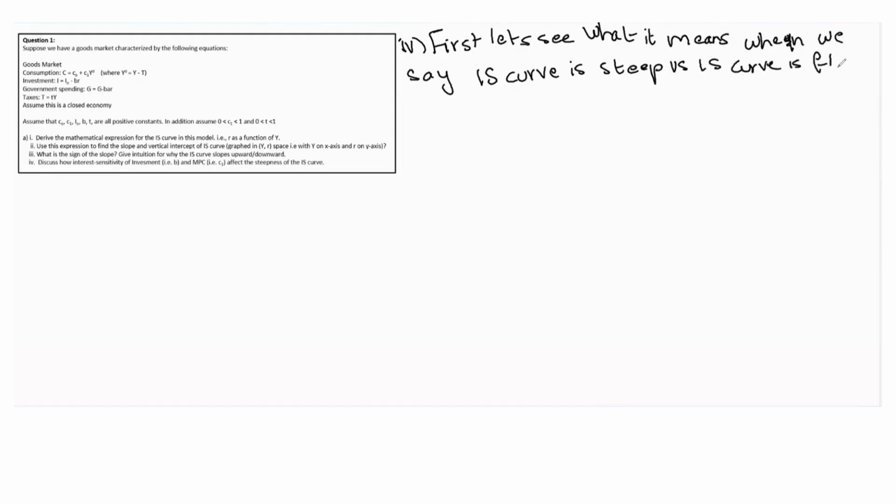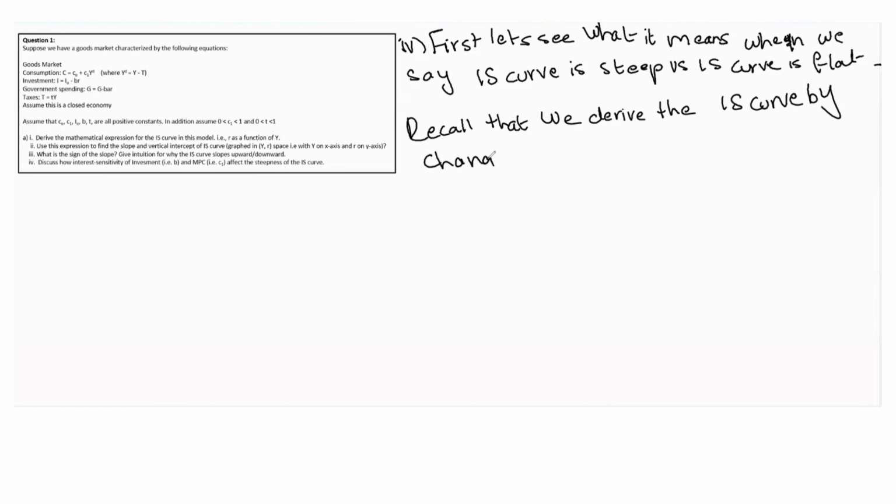What's the difference between the two? We want to look at that. For this, recall that we derive the IS curve by changing the interest rate and seeing what happens to output to maintain goods market equilibrium.